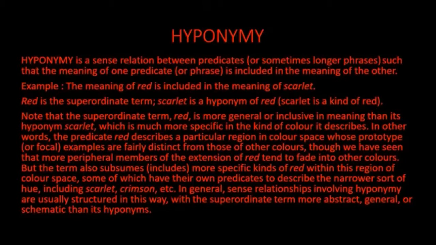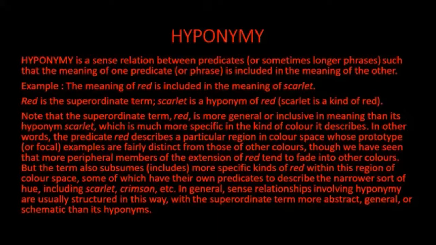Hyponymy. Hyponymy is a sense relation between predicates or sometimes longer phrases such that the meaning of one predicate or phrase is included in the meaning of the other. Example: the meaning of red is included in the meaning of scarlet.